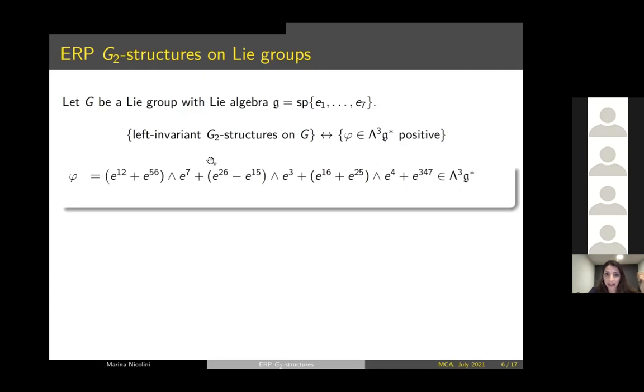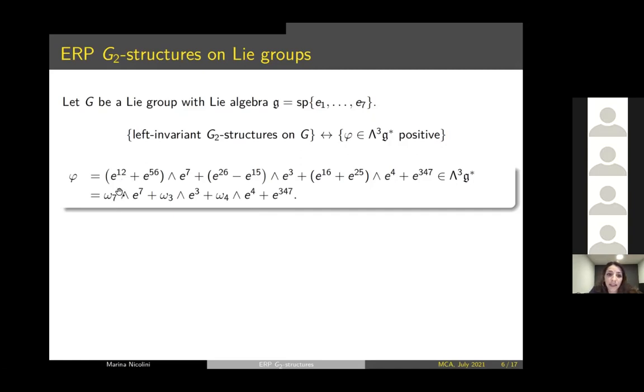What remains is a wedge product between forms on the vector space generated by 3, 4, and 7, and the vector space generated by 1, 2, 5, and 6. I gave names to these two-forms. These names are not relevant now, but it is notation that I am going to use afterwards.